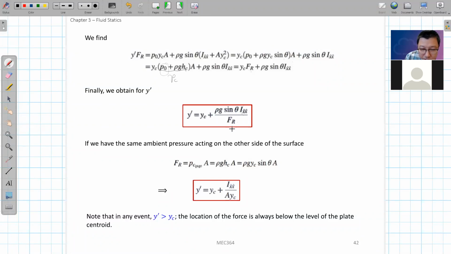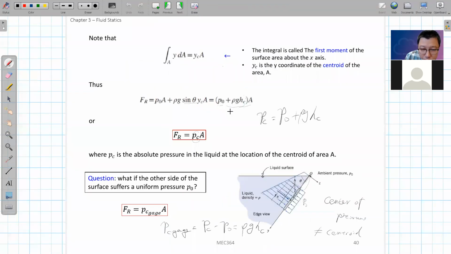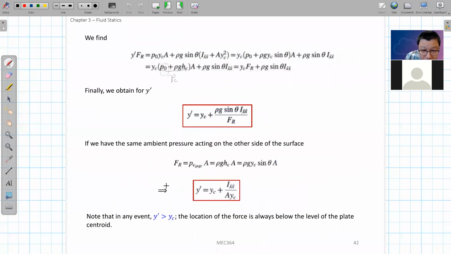Okay, try to derive this center of application, similar to these cases. For this plate, the other side also has one atmospheric pressure, and what we are interested in is the net pressure force. Then, similar to the case here, we change this PC to the PC gauge.